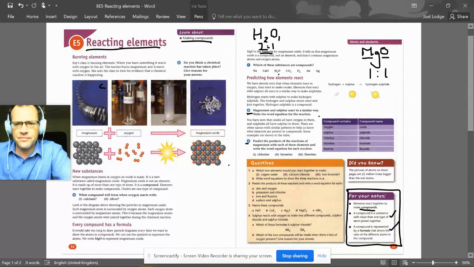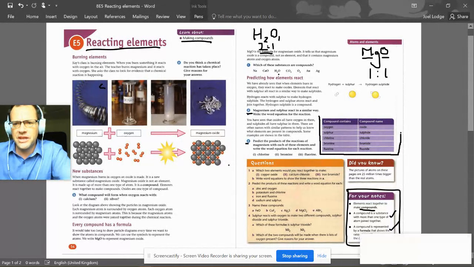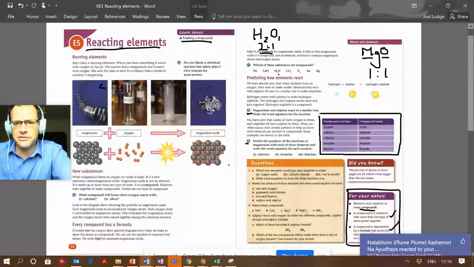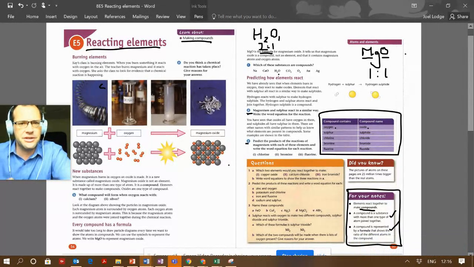keywords done. Now, in terms of naming compounds, there's some rules in chemistry we have to follow. So if a compound contains oxygen, we call it an oxide. So MgO, the name for this compound would be magnesium oxide because it contains oxygen.